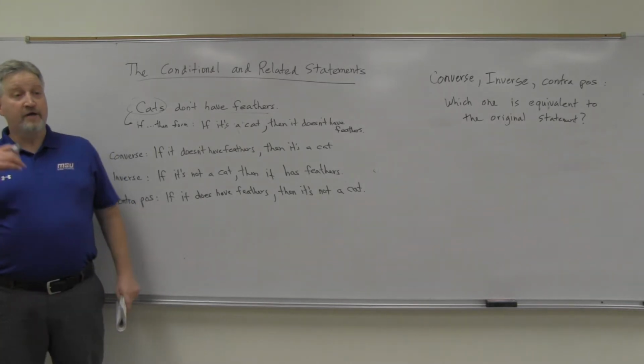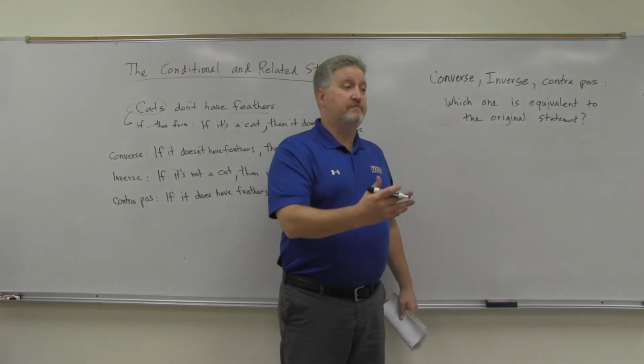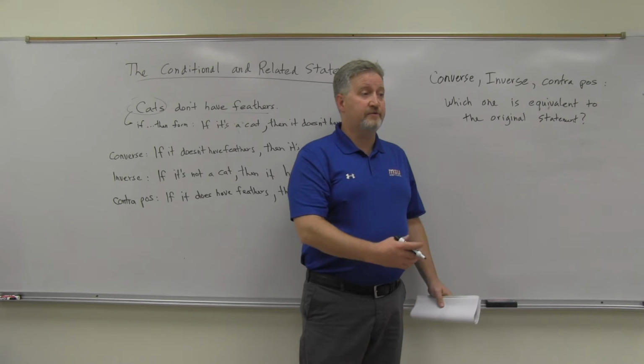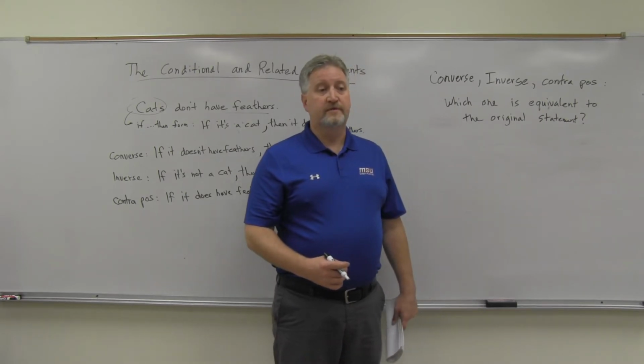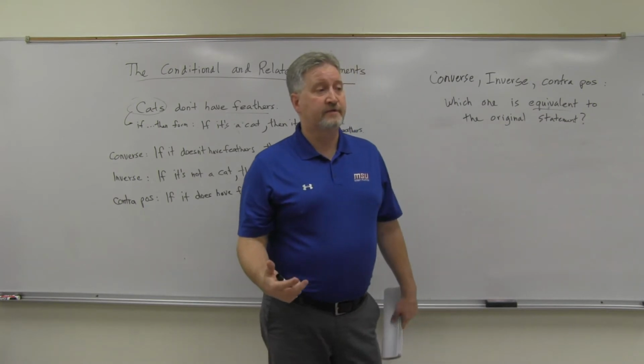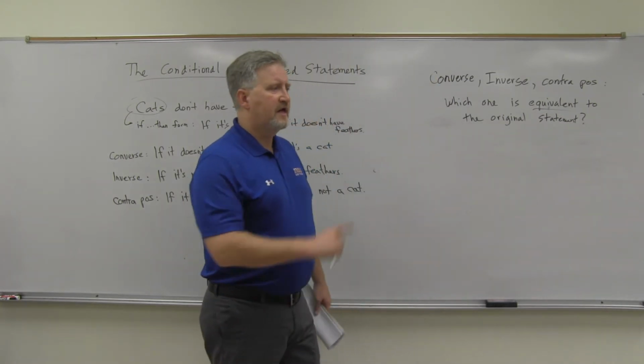How do we decide? Well, the way we can decide equivalent statements, it would make sense that those are statements that have the same truth table, same truth values. What I mean by equivalent is they have the same truth values. In other words, they're the same in all cases. And so that's what I'm going to look at.